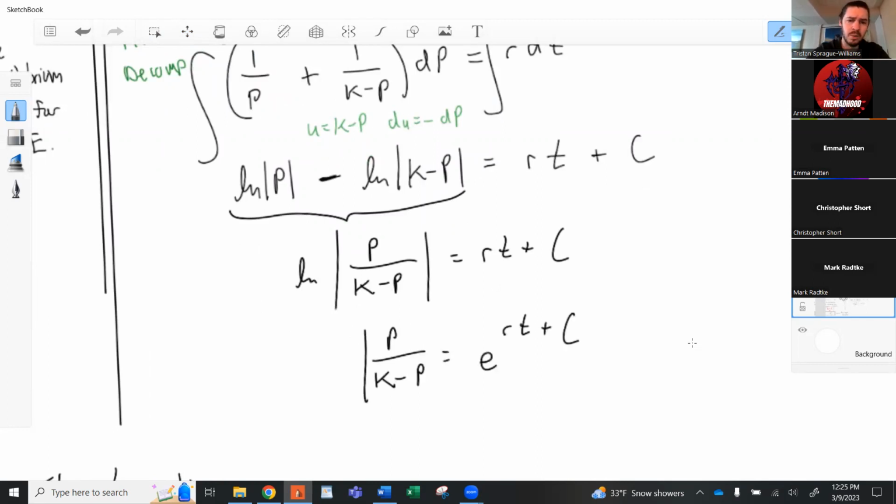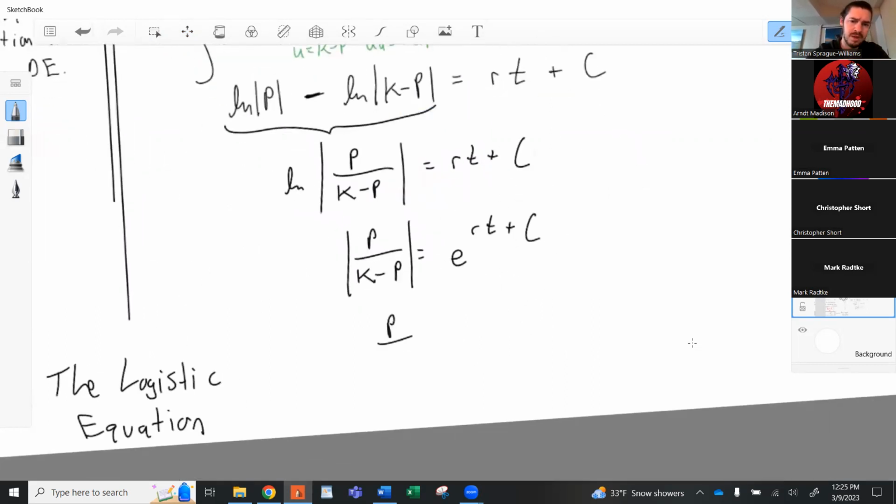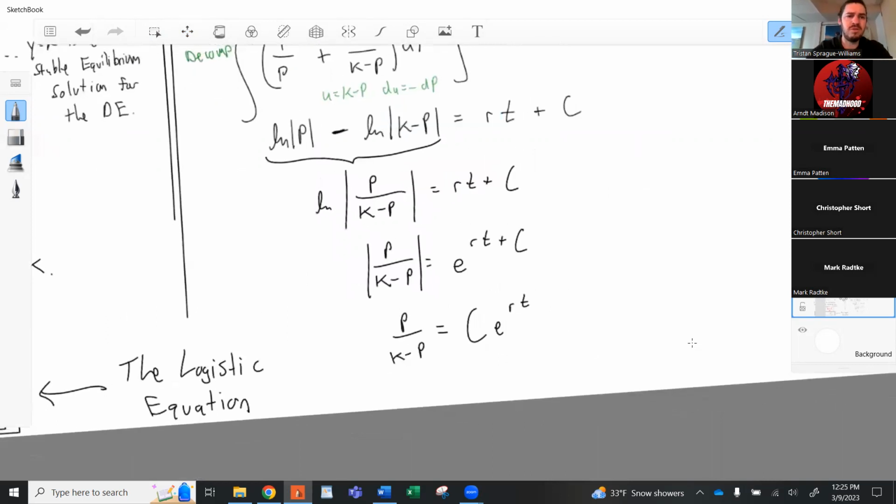And remember, we're going to do this thing we've been doing numerous times. That look familiar? Where we split this out into like e to the rt times e to the C. And this combined with the plus or minus kind of turns into that C. So just reminding you, we've done that little two-step thing before.